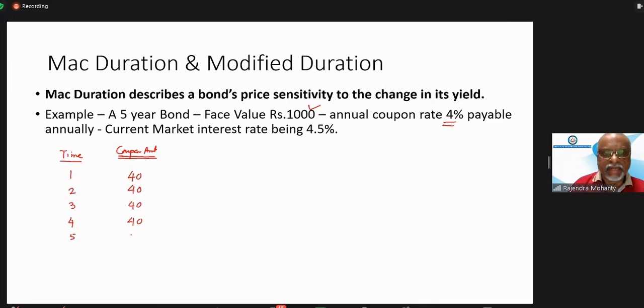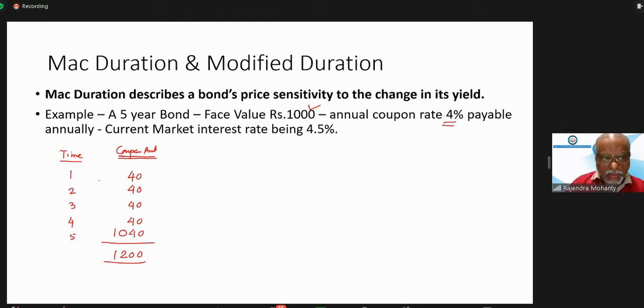Fourth year, also 40. Fifth year, I will get back 40 plus the face value, so I will get 1040. So at the end of 5 years, I am getting how much? 1200. Clear?